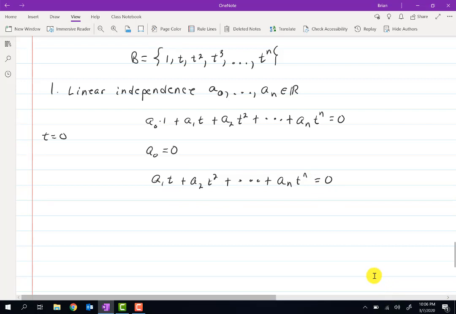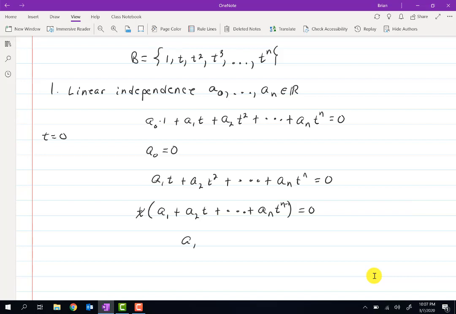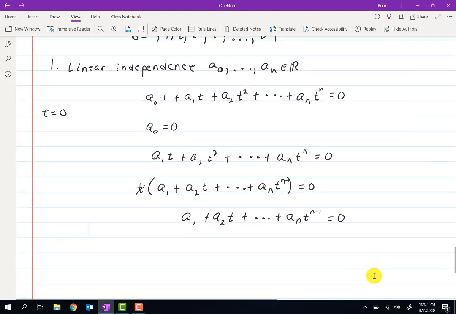What we could do is factor a t out. I think that's an n minus 1 in the exponent. So we can divide by t as long as t is not equal to 0. This is something that always bothered me in calculus. Now let t equal 0.